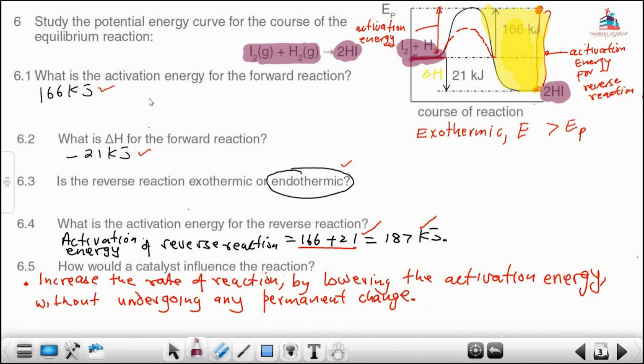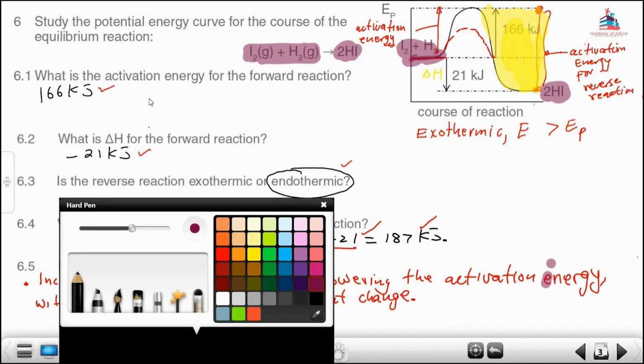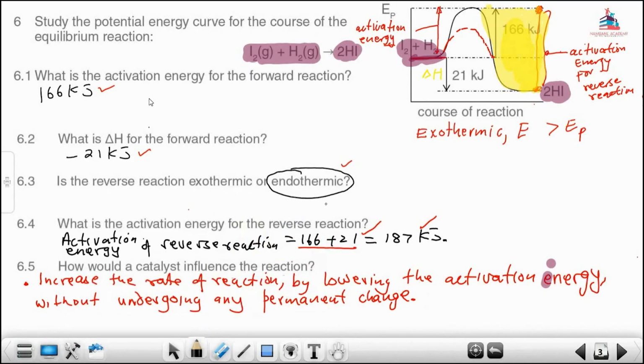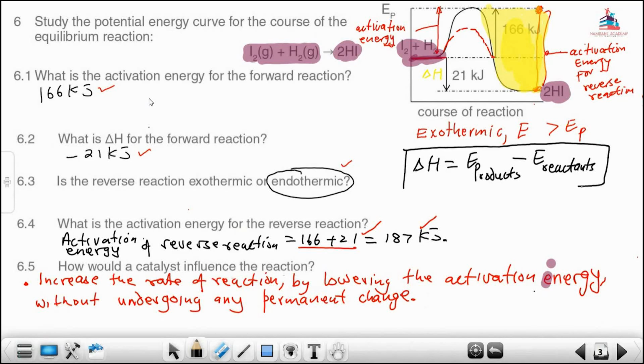The only equation we have in this section, let me get a pen, is delta H equals E of the products minus E of the reactants. This is the only equation you are going to have.